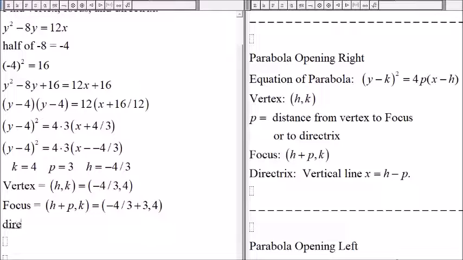And the directrix is the vertical line x equal to h minus p, so it'll be negative 4/3 minus 3.